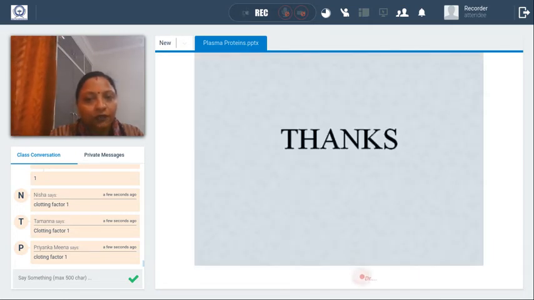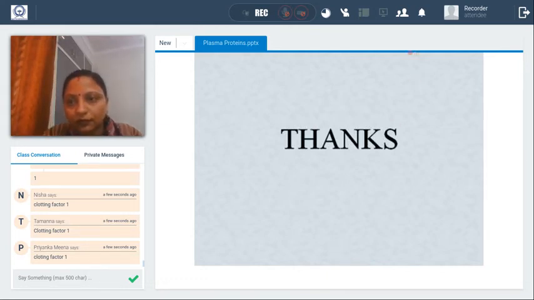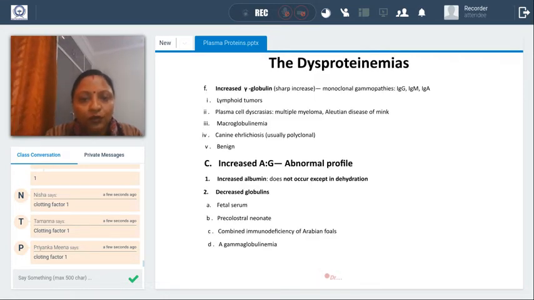So these are the various conditions. You have to remember all these conditions under dysproteinemias.